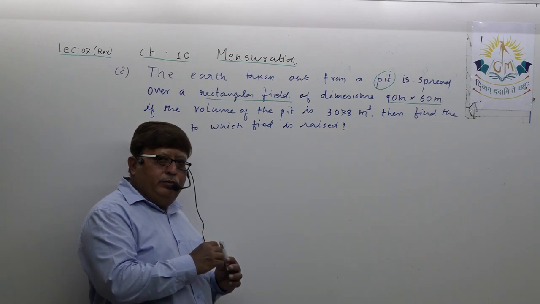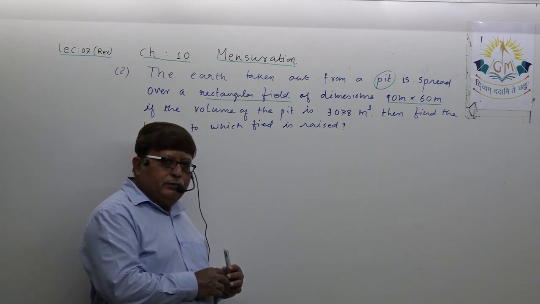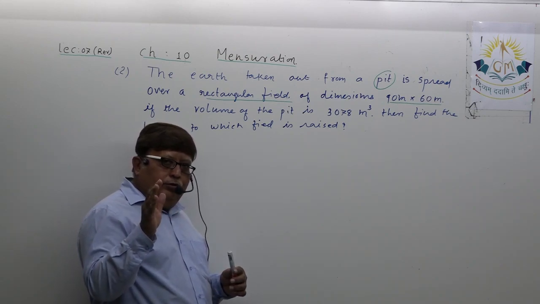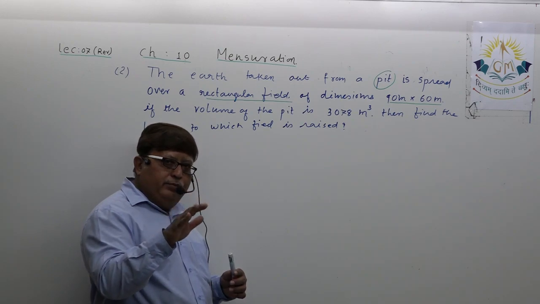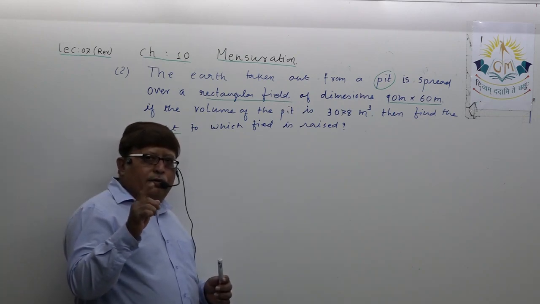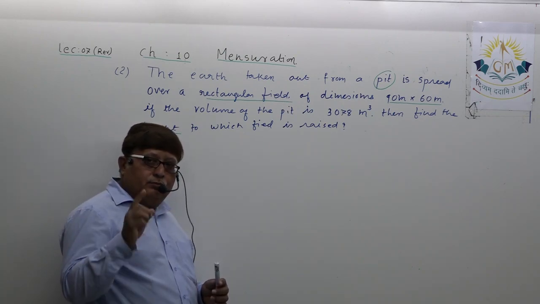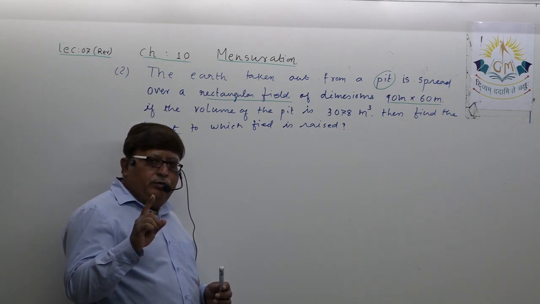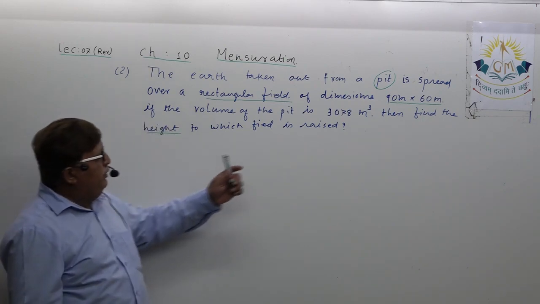That simply means one cuboid is reshaped into another cuboid. One cuboid, that is the pit. Though no dimensions of the pit are mentioned, the volume of the pit is already given.